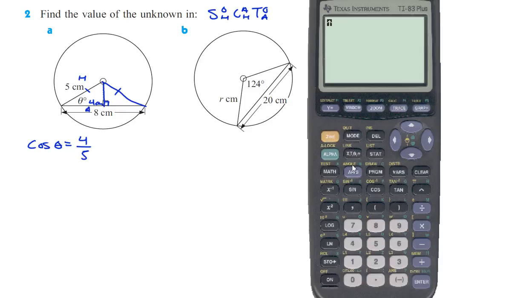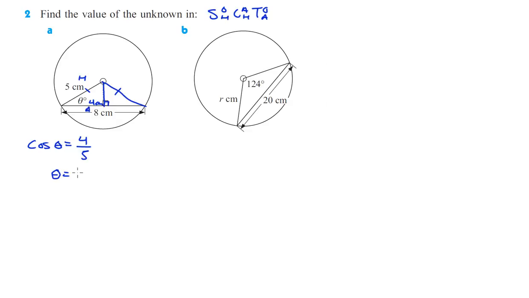We're looking for an angle, so it's second cosine of 4 divided by 5, which gives us 36.86. It says find the unknown value. It doesn't tell you where to round it off, so I would usually go to the tenth if they don't tell you where. So 36.86 would be 36.9 degrees if we round it off. So theta equals 36.9 degrees for that one.